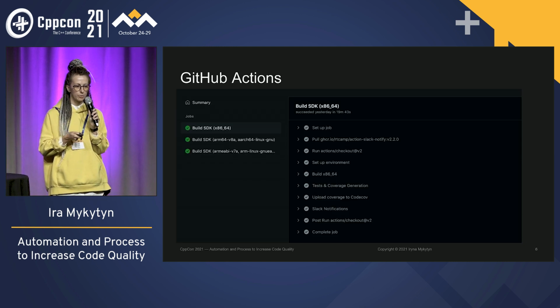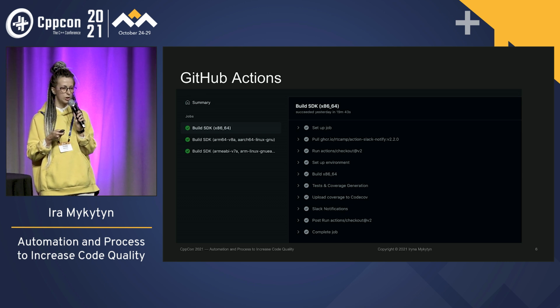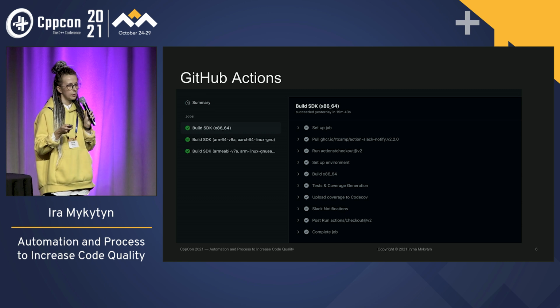And here is the point I want to pay attention to: my recommendation about the tools which we used. So it's our GitHub Actions workflow. We have 3 targeted platforms.